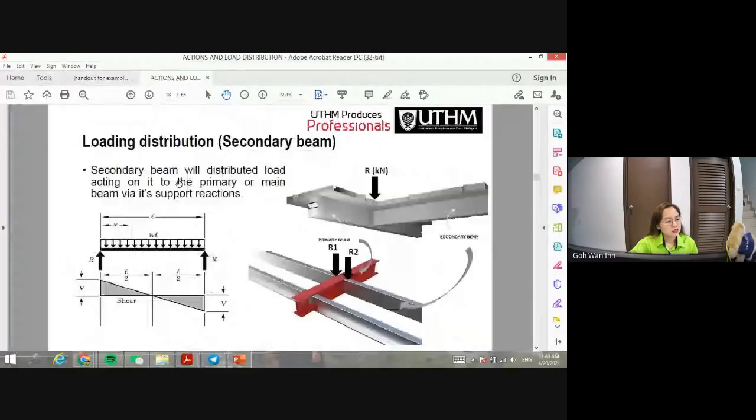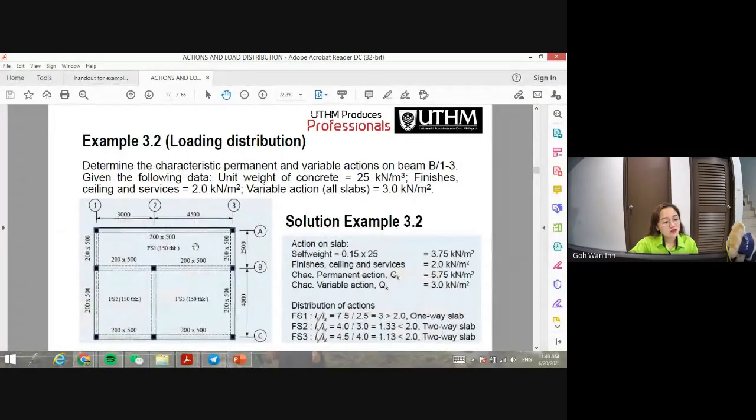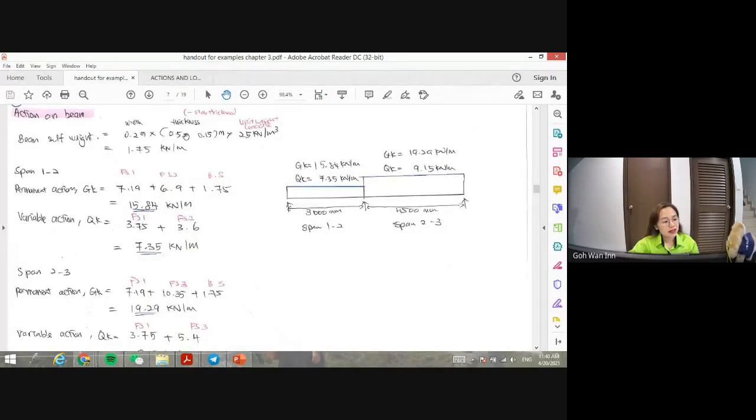So for this example, example 2, the given value is together with the slab. The 500 is merged with the slab because it's continuous, it's a suspended slab. That's why for the value of h, you need to subtract the thickness of the slab. Here I put minus slab thickness.